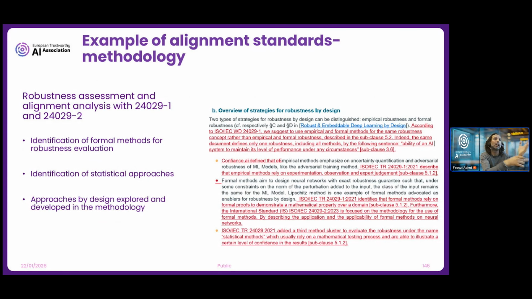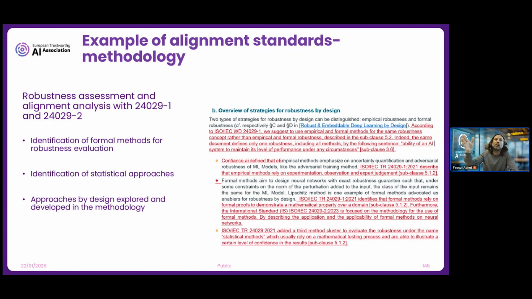Also the approach presented in the standard is the same for statistical approaches, and of course the approach by design, etc. So all of them. And in addition, in the methodology document, we identify all documents that allow us to find this information in the standard.